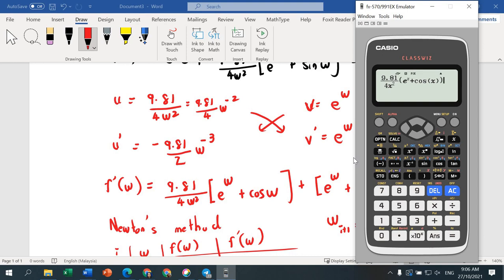So this is the first term, u v prime, and then plus v u prime, which is exponent x plus sin, and then v is here, v u prime.